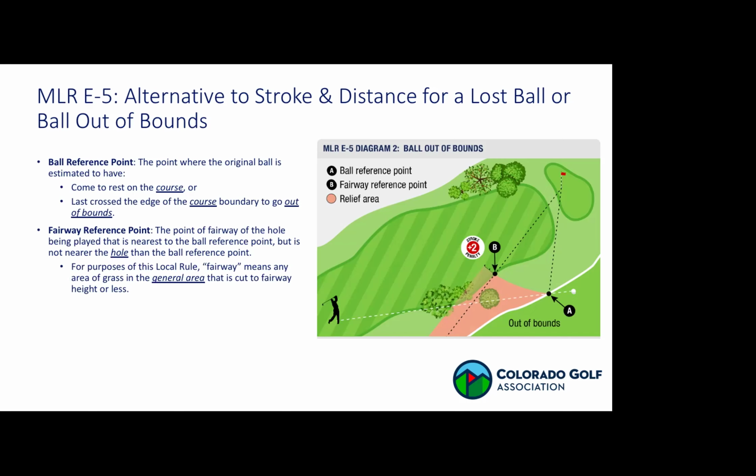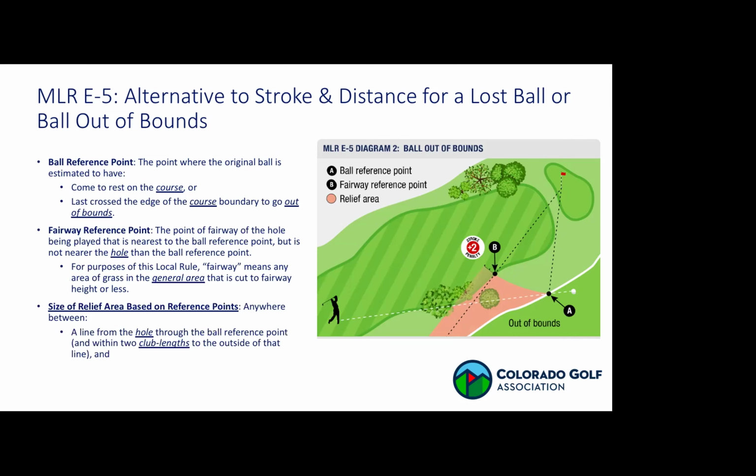And in this case, fairway is general area cut to fairway height. So like I said, relief area: line from the hole, through the ball, the reference point, and then you get 2 club lengths outside of that. And then you get in line from the hole on that fairway reference going backwards. So a large relief area you get to drop in.